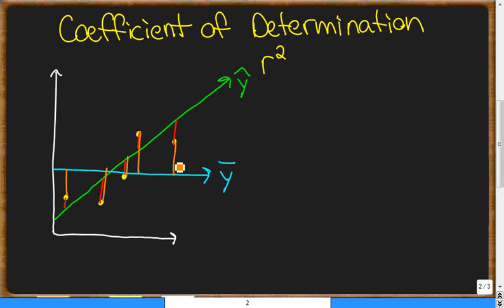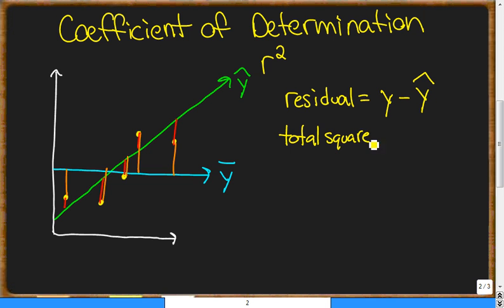So it's basically how well this is doing versus the other one. While we said before that a residual is our y minus our y hat, we also do what's called the total squares, or the totals.